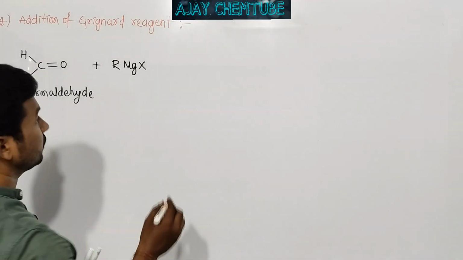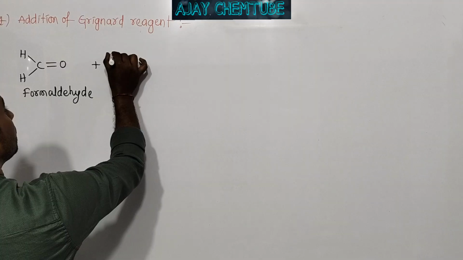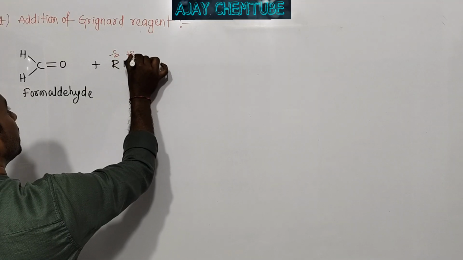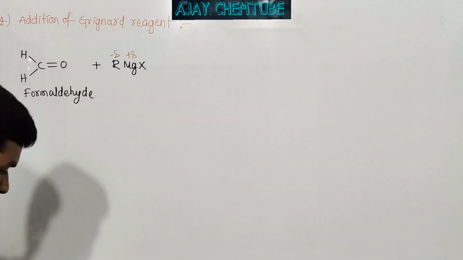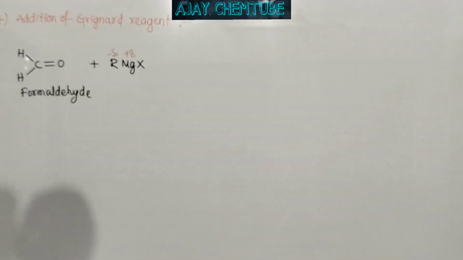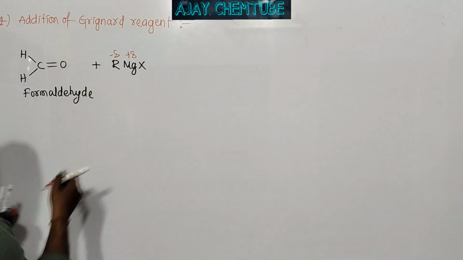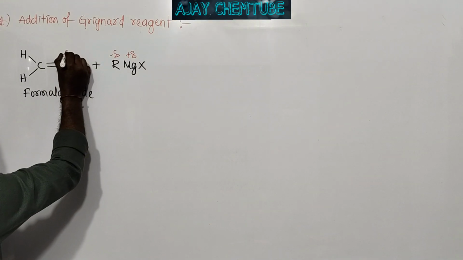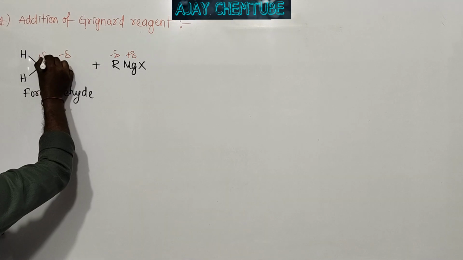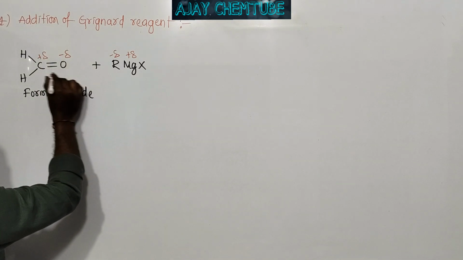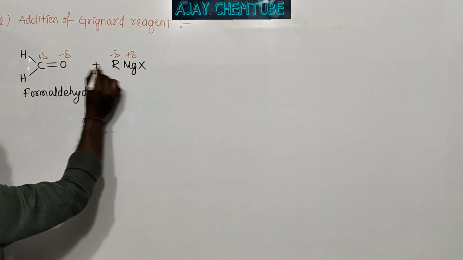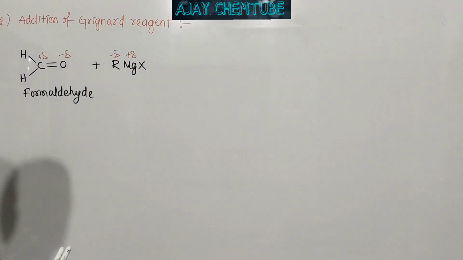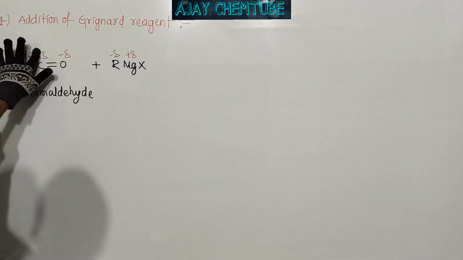R is partial negative, Mg is partial positive. Thus here oxygen is partial negative and carbon is partial positive. So R minus goes to positive, MgX plus goes to negative. Add like that.